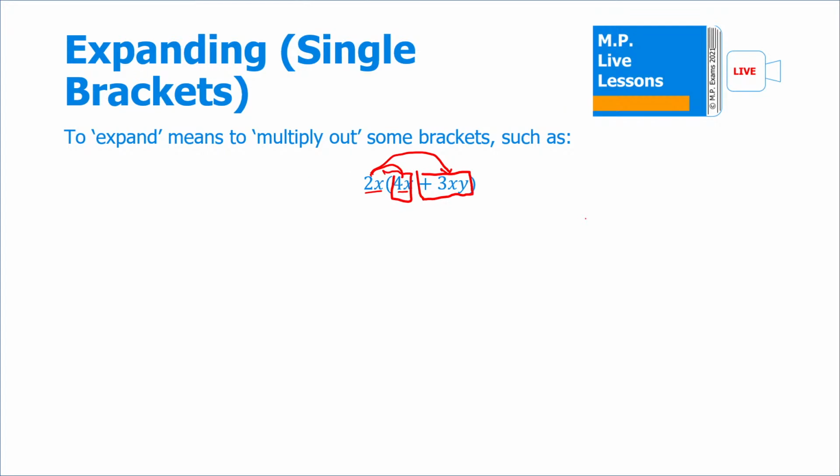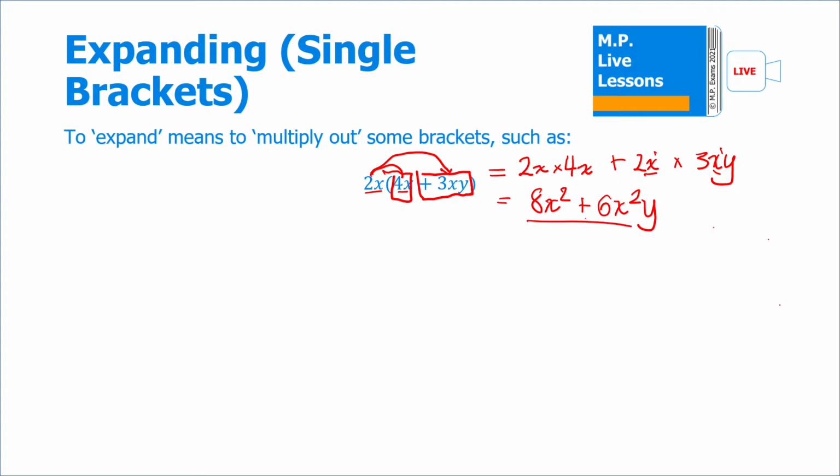So what you have in the end is 2x times 4x plus 2x times 3xy. And if we do the same as earlier, following the laws of indices and multiplying the ordinary numbers together, we finally get 8x squared plus 6, since we've got an x and an x here, x squared, then y at the end.